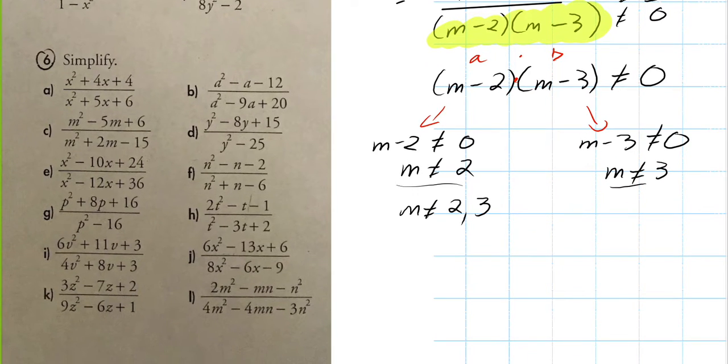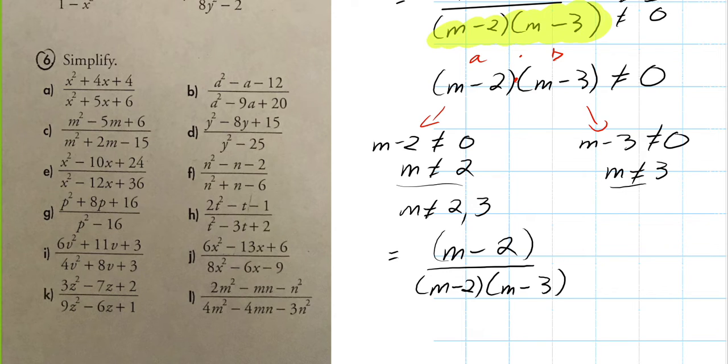We'll go back to that original expression. Sorry, I've made this a very vertical page. We have m minus 2 as the numerator, and we have m minus 2 and m minus 3. Think of this top like having a set of brackets around it, okay? And in fact, m minus 2 and m minus 2, they create a 1 when you divide the two of them. You could even think of it like this. I'll give you a scenario. What if we said m minus 2 was equal to a?